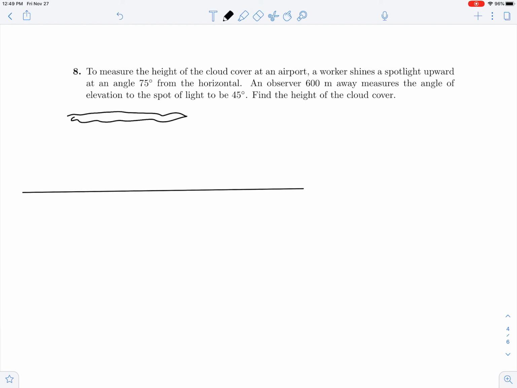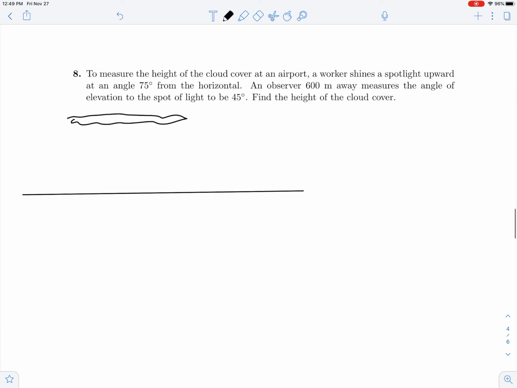Here's the ground. 600 meters away. Hold on. So I'm going to drop a perpendicular here from the cloud, because this is the height of the cloud cover. And then we have an observer over here 600 meters away with the flashlight. This is 75 degrees.